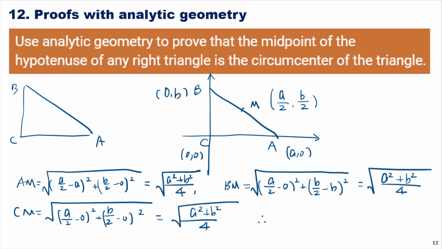And therefore we have AM equals BM equals CM. So M is the circumcenter of triangle ABC. Also notice that every step in our proof is valid even if a or b or both are negative.